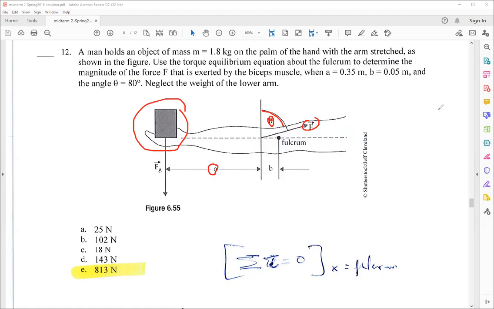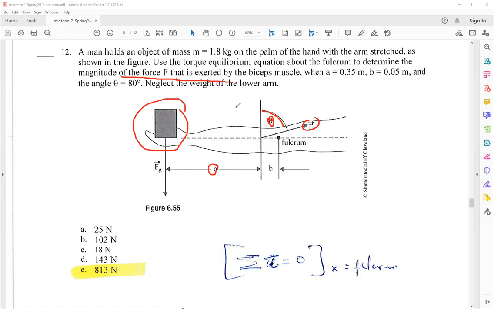Now, the question is asking you to use torque. Determine the magnitude of the force F applied in the biceps muscle to balance the system. If the system, this arm holding this load, is in equilibrium.